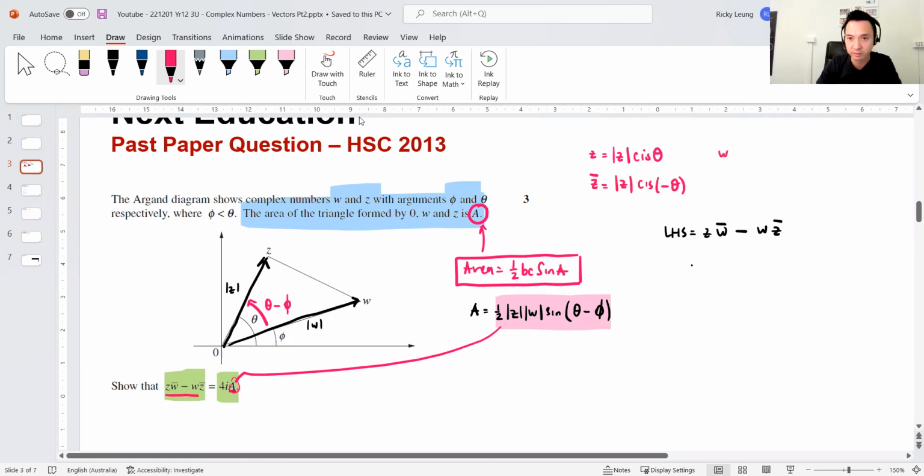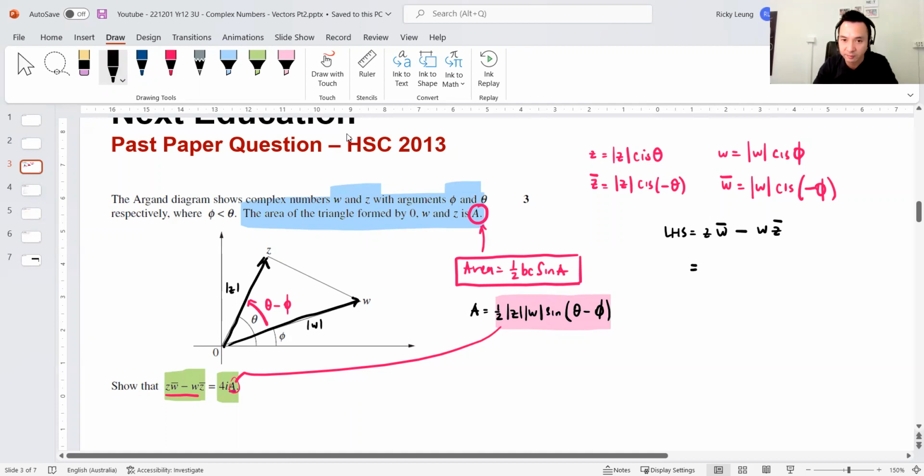And W has W cis phi, and its conjugate has the same modulus and cis, not cos, negative phi. All right, let's sub those in, and I reckon I'm going to use compound angles or something.